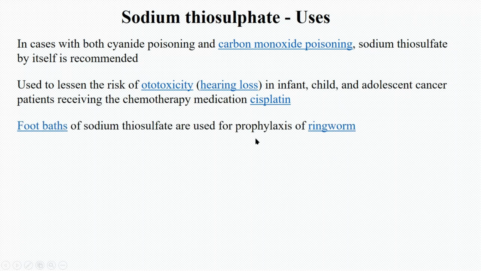This is used as a prophylactic in the treatment of ringworm infestation in the form of foot baths of sodium thiosulfate. We prepare the sodium thiosulfate solution in water, and this is used as a foot bath.